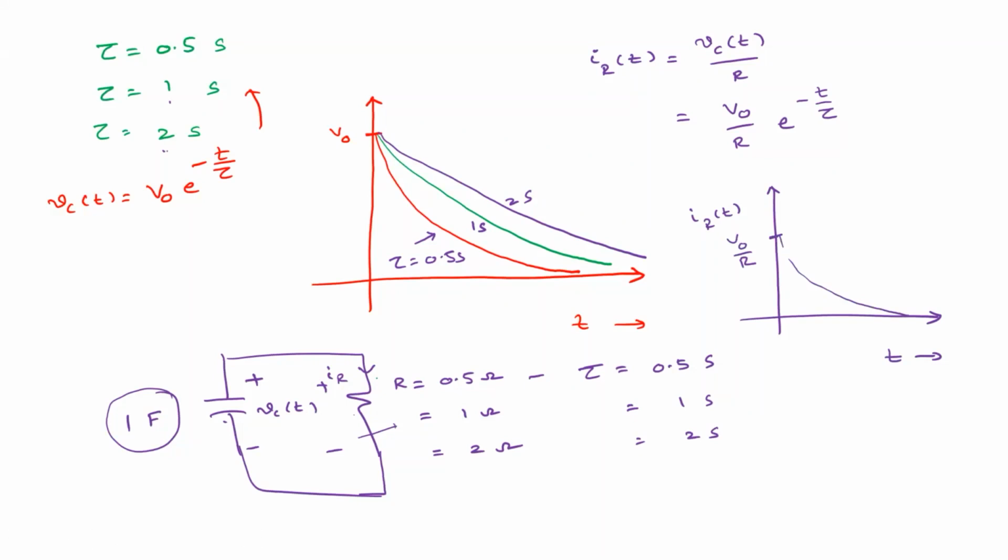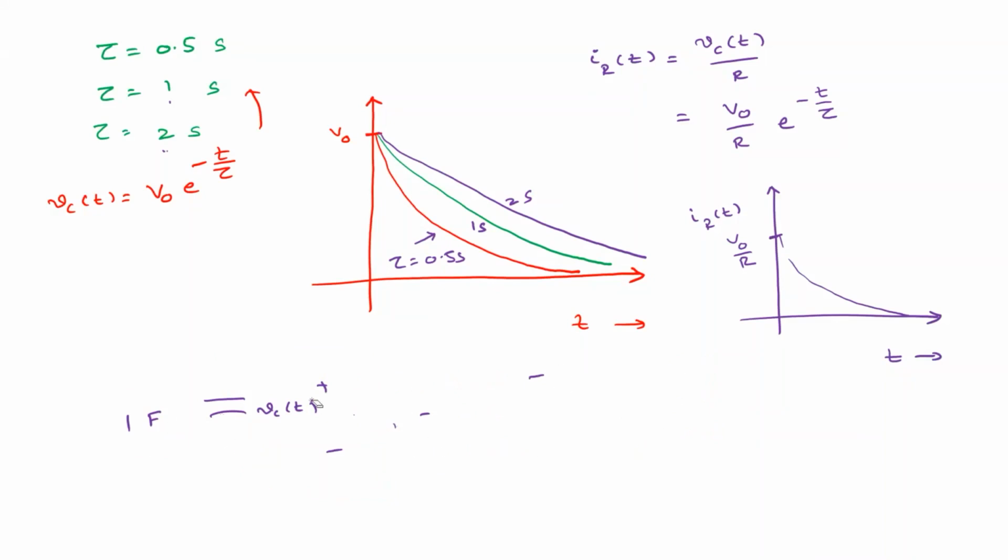So now I'm erasing this. Now what is the power delivered? P of t. What is the P of t in this circuit? Power delivered to the resistor, or the power dissipated in the resistor?